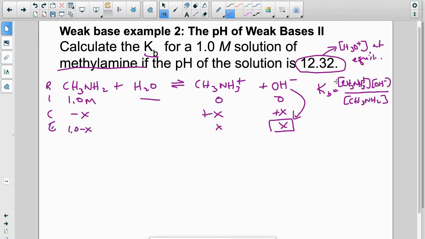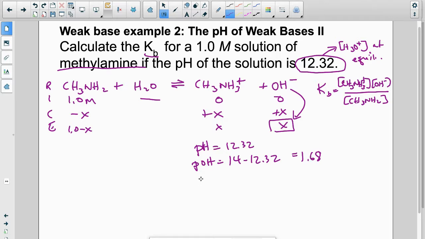Okay, so we have our pH at equilibrium. So we know that our pH is equal to 12.32. So our pOH is equal to 14 minus 12.32. And that will give us a pOH of 1.68.